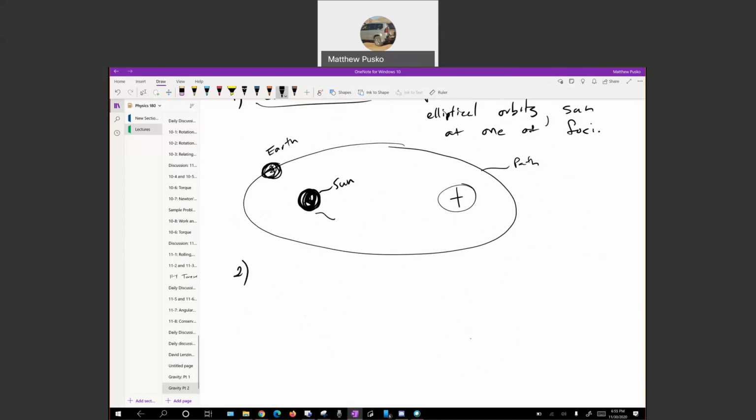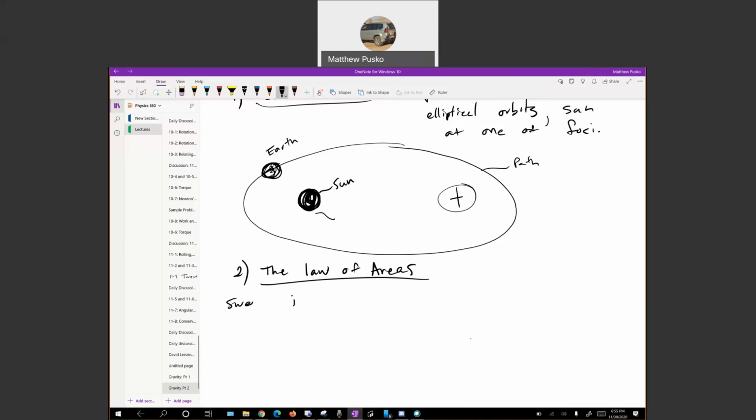Okay, the next one's got a little math to it. It's called the law of areas. It says, I'm going to draw it out for you, but a line that connects a planet to the sun sweeps out equal areas in the plane of the planet's orbit in equal time intervals.